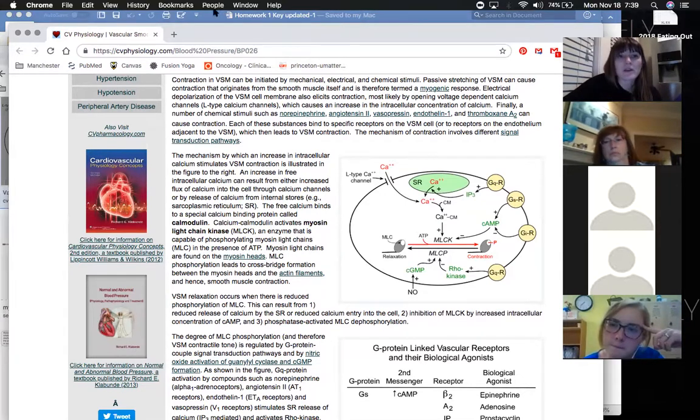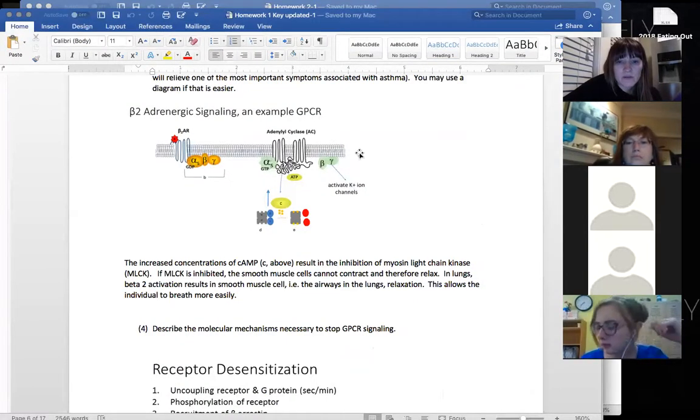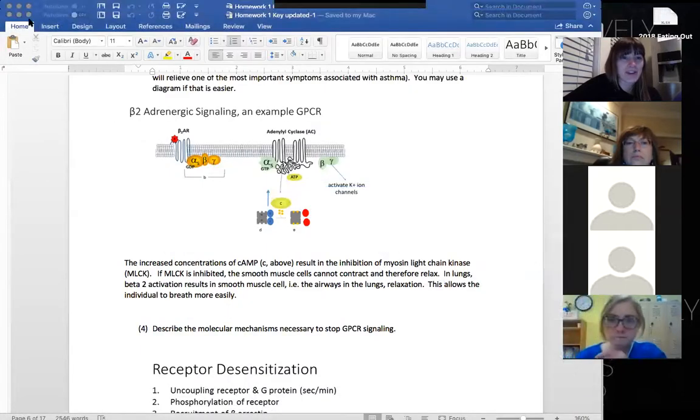It could be that. It could also be, and I want to confirm this before I say this to you guys, the beta gamma subunits will also have an effect on channels, and it could be that they are opening. Okay, so you're looking at this.